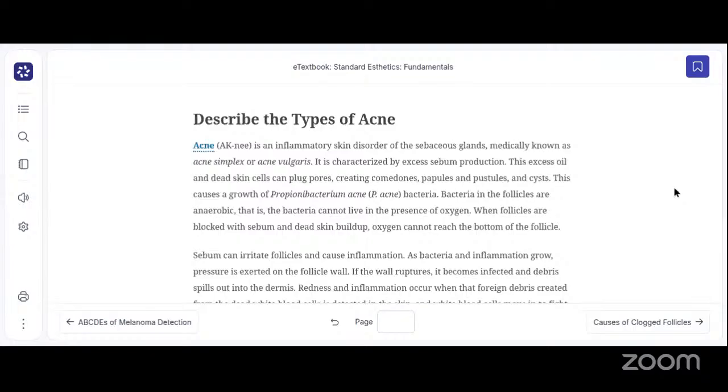So we're going to talk about clogged pores, all that good stuff. And yesterday we mentioned cysts, and there is a type of acne that is characterized by a cyst, systemic. They call it cystic acne. A lot of times when you see that, it's outside of the traditional esthetician scope.